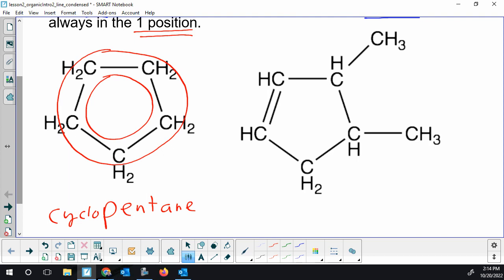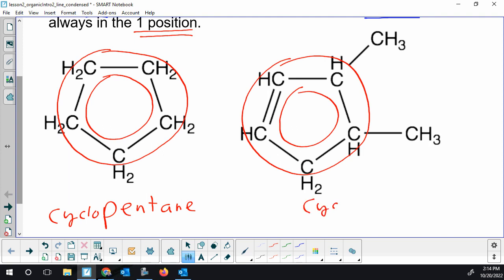So we don't zig and zag in and out of the ring. The ring is our parent. There's 1, 2, 3, 4, 5 again. So this is another cyclopent, but it's not an ane, it's an ene.